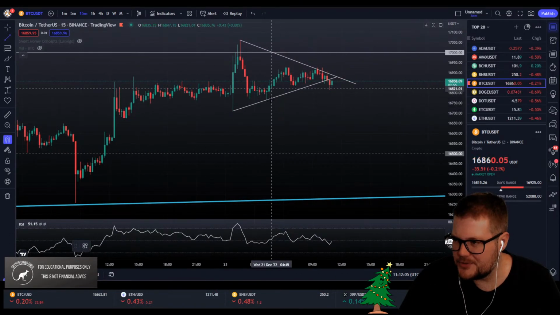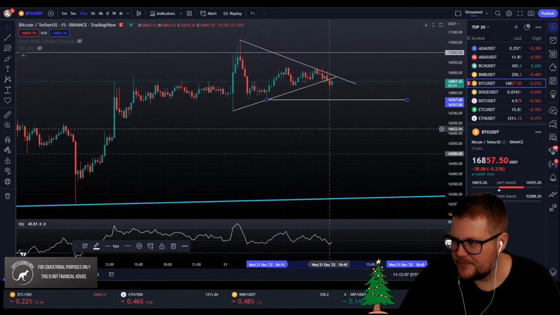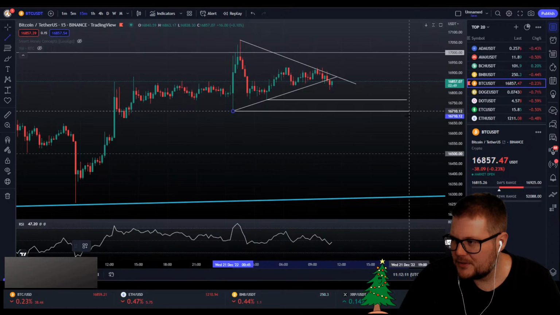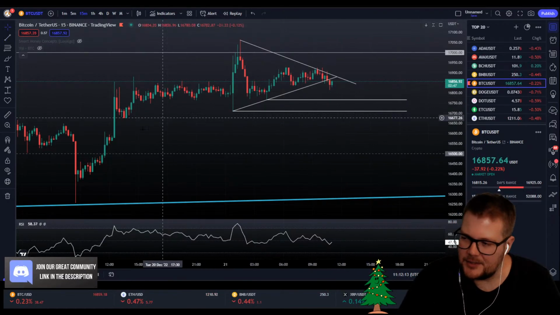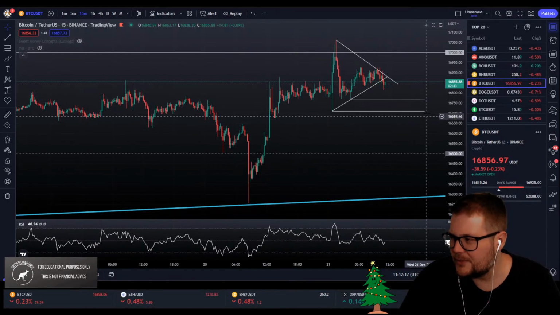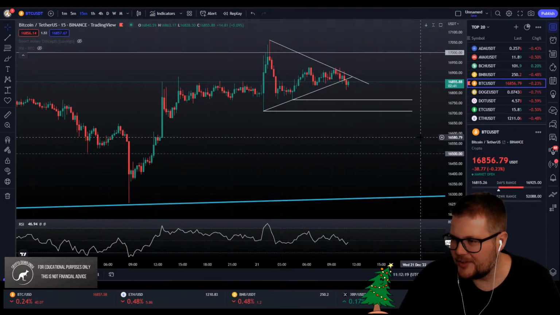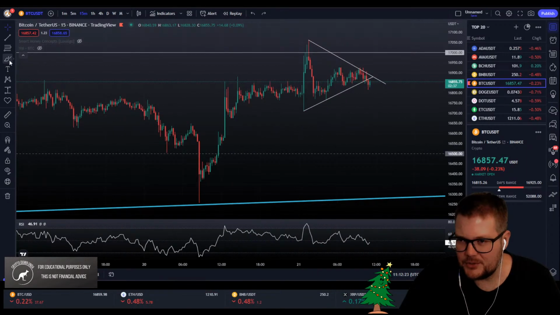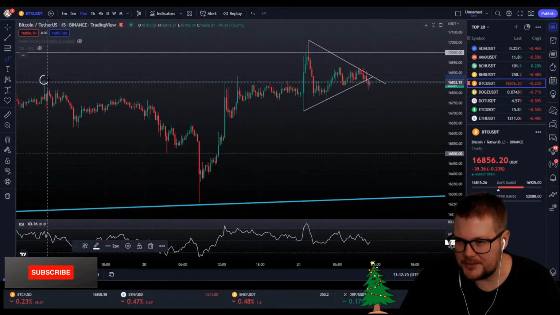As soon as we lose this, or even this, that's when I'd start to say, okay, this uptrend that we've had is over, and we're going to start trending back down. And vice versa, when you're in a downtrend, you're focusing on the highs.